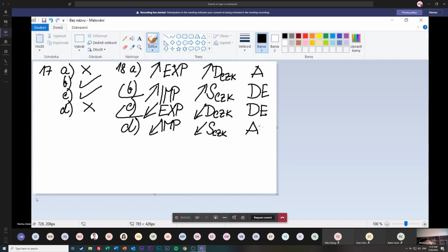Secondly, repayments of loans. You can start. I will write the situations.